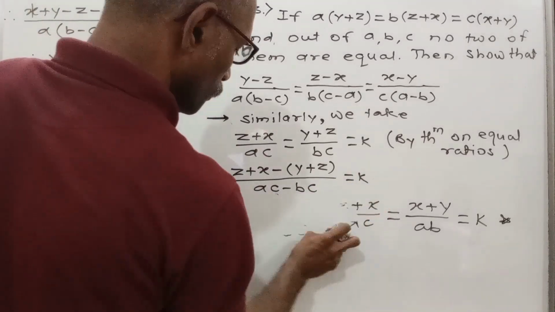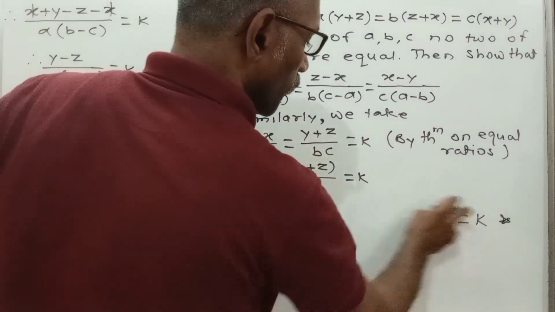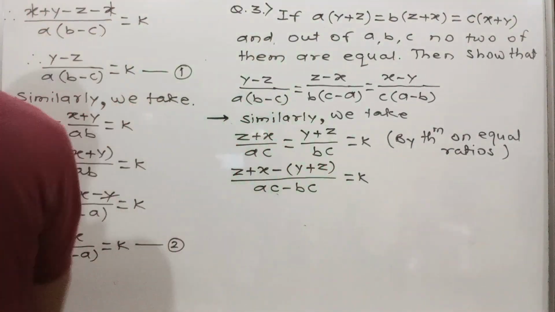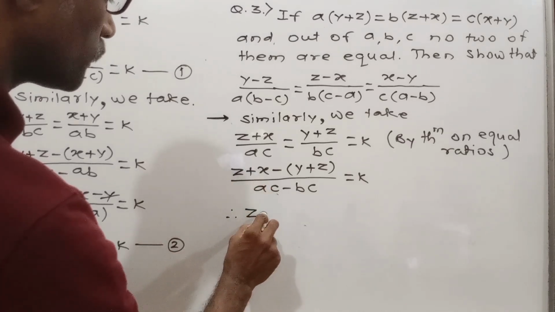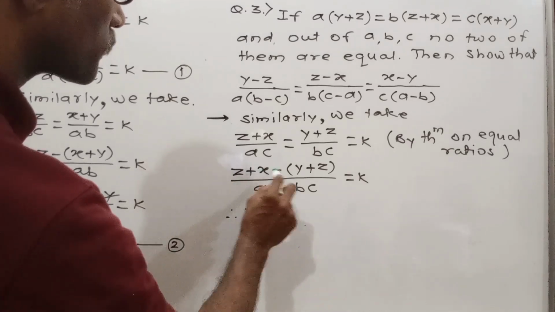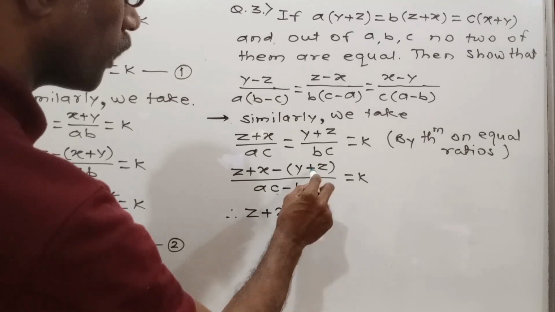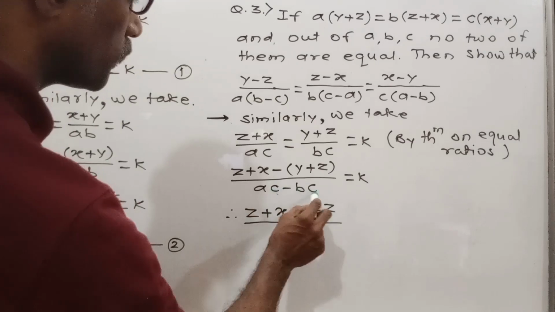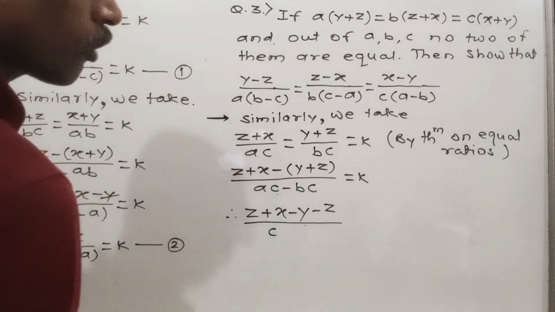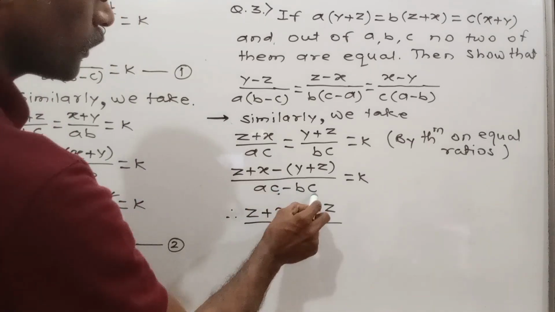Now, therefore (z + x − y − z)/c(a − b), with c common.